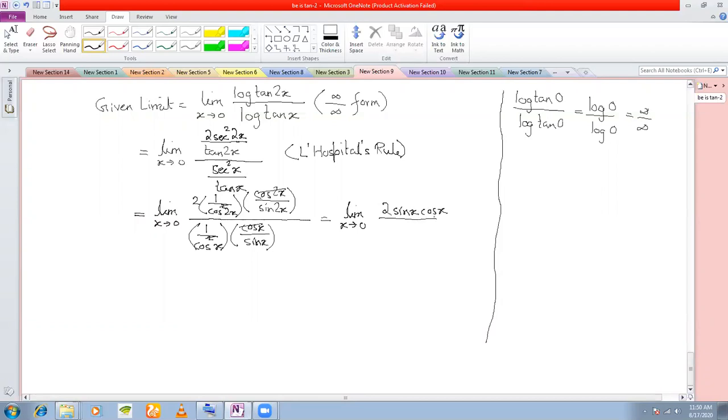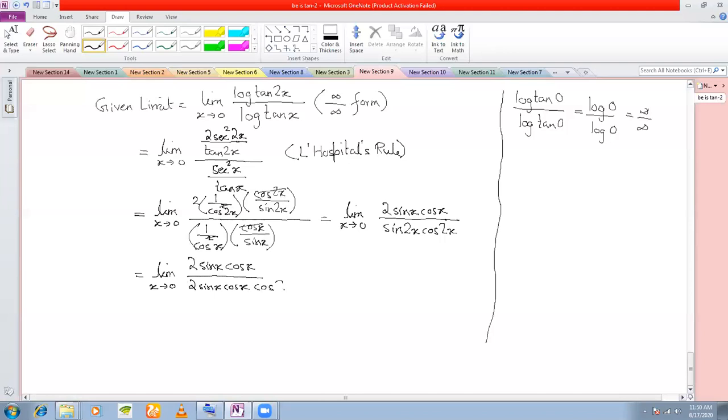divided by sin 2x cos 2x, right? Now you see that sin 2x can also be changed to 2 sin x cos x by multiple angle formula. This 2 sin x cos x remains as it is. Okay, and in the denominator what you do is you change sin 2x to 2 sin x cos x.